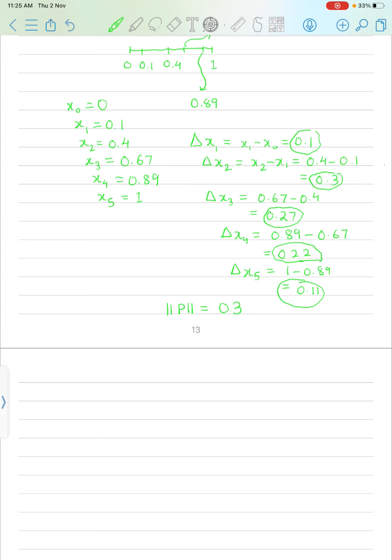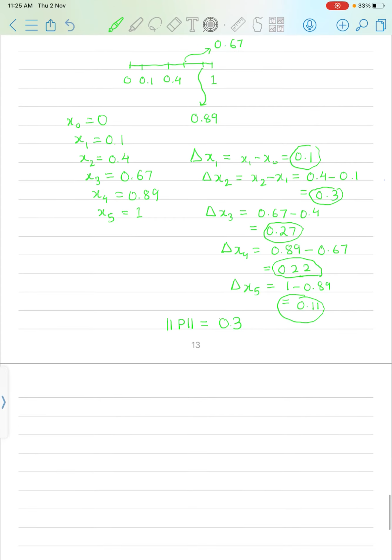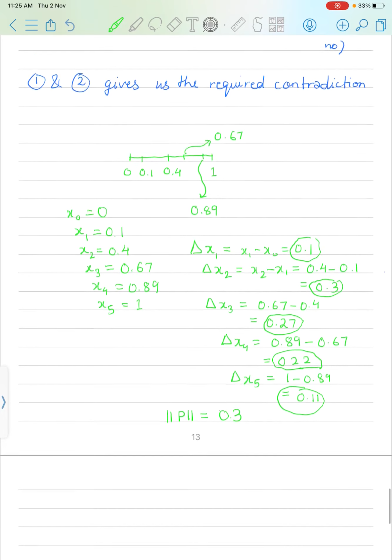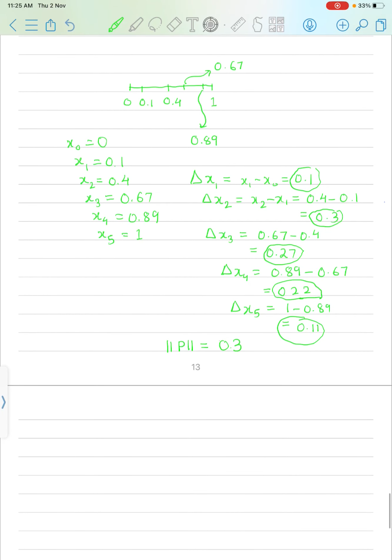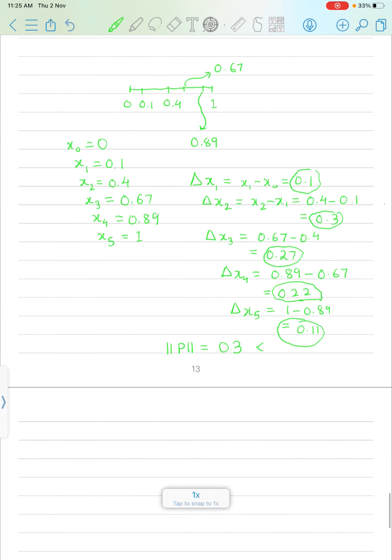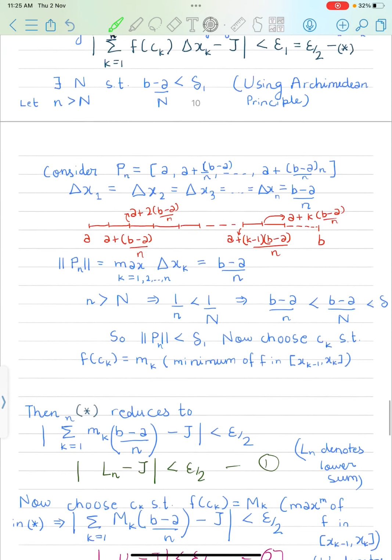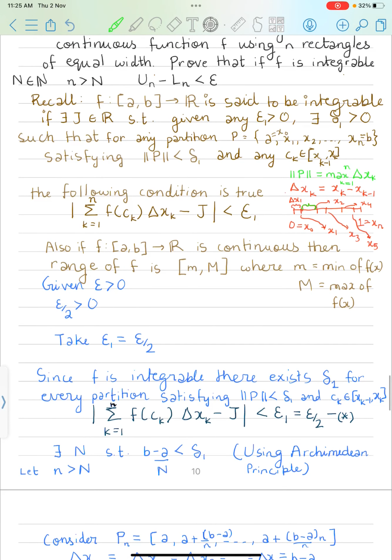So for every epsilon, when we get a delta, we must check that the norm of P is less than delta, and then this condition is true.